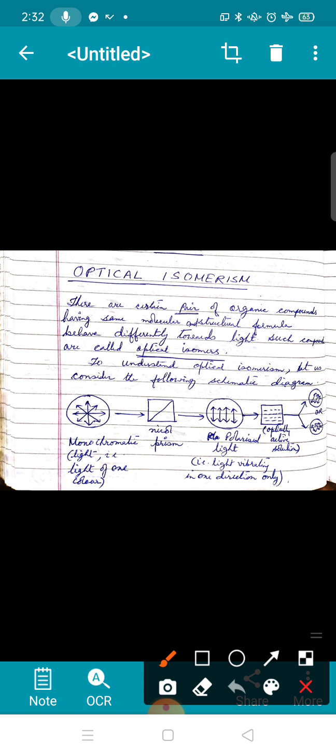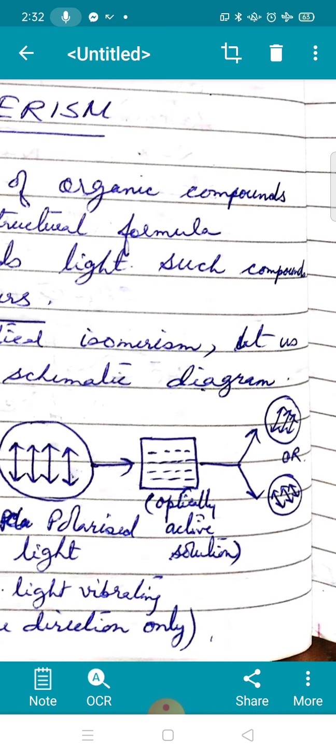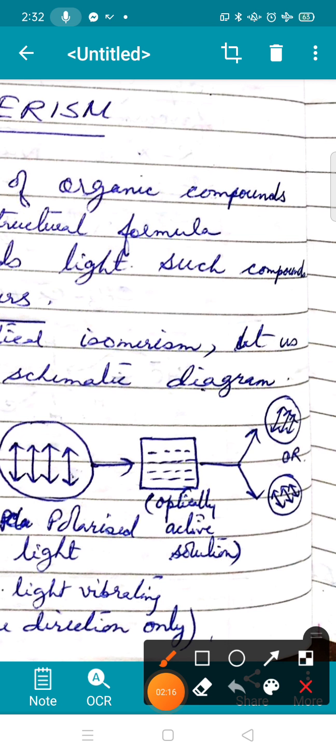Now when this polarized light is passed through a compound which we want to study, which is optically active, two things may happen. You may find when the light is coming out, the light may either bend towards right like this. Okay, earlier it was vertical, now it has bent like this, got rotated towards right.